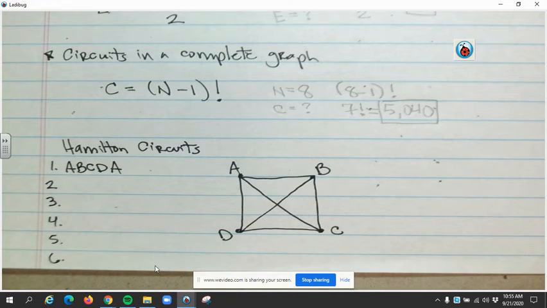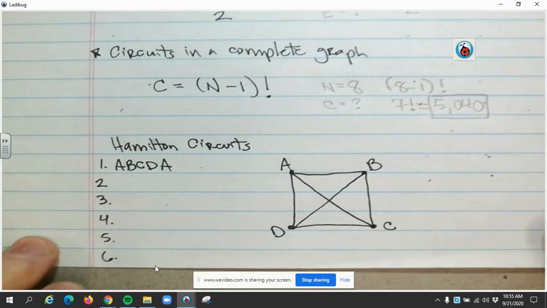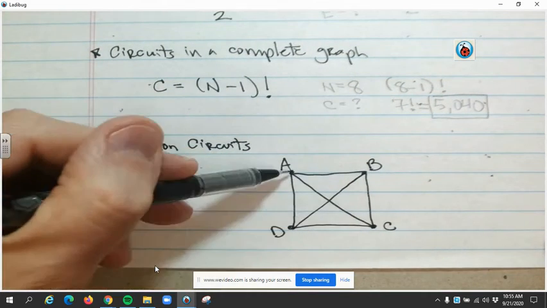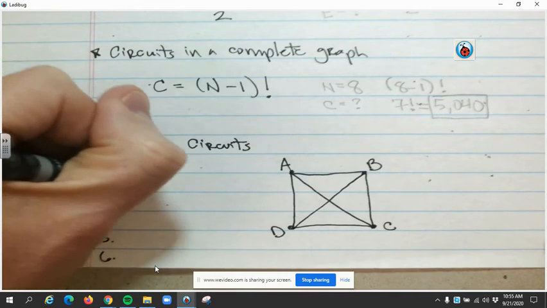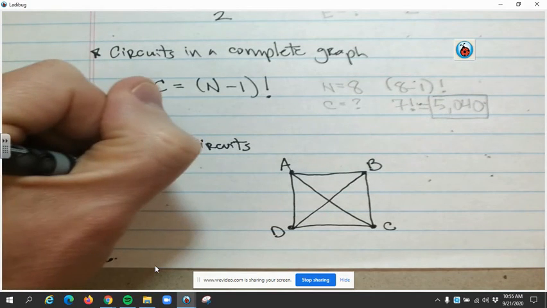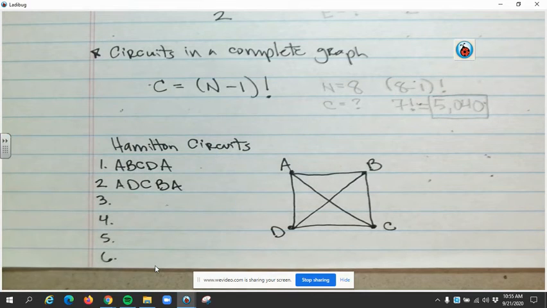Now, what if I were to do the exact same thing, but go in the opposite direction? Instead of going A, B, C, D, A, what if I were to do A, D, C, B, A? It's the same exact circuit, except it's going in a backwards order. That is the same thing as if you were to stand in front of your mirror and read something in the mirror, it would look like it was backwards.